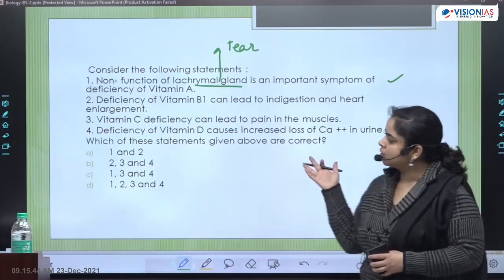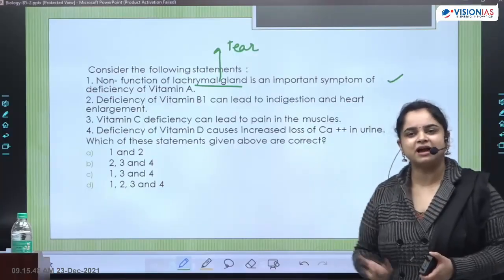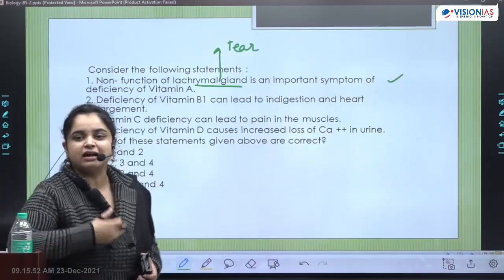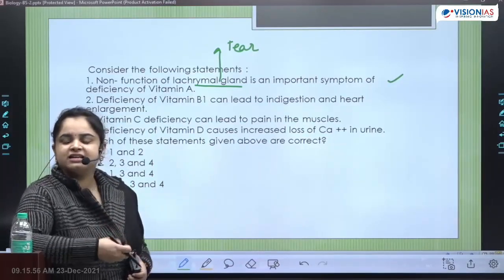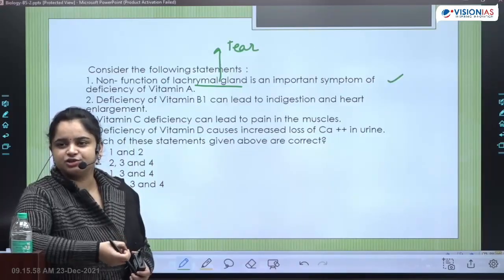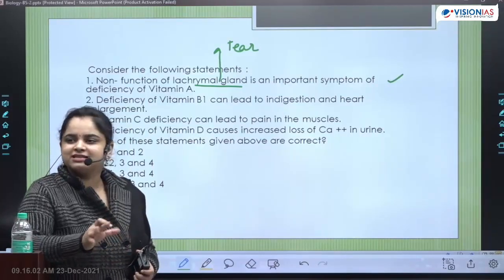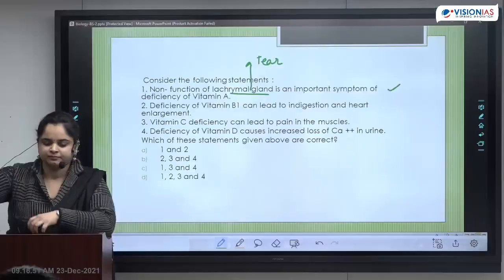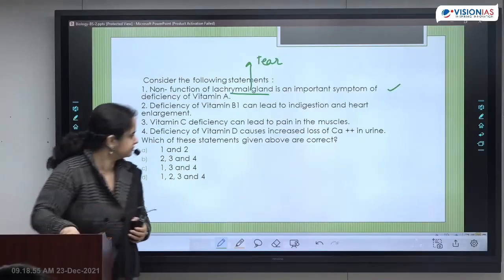So what I want to point out here is that when we are practicing previous year's questions, we have to make it a point to understand the zone in which they are asking questions, because there is a chance, even if it's a small chance, that they can ask the same things around the same area. Right? Okay, question.